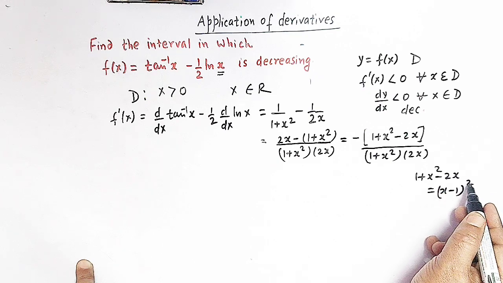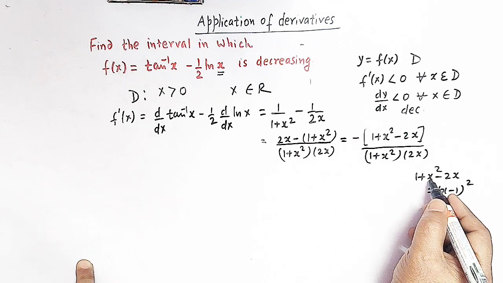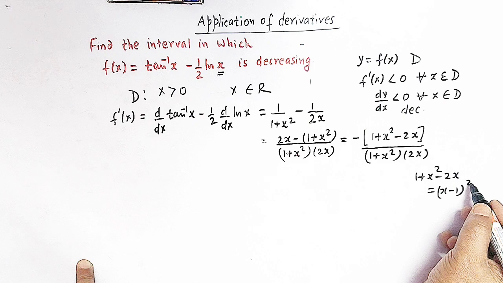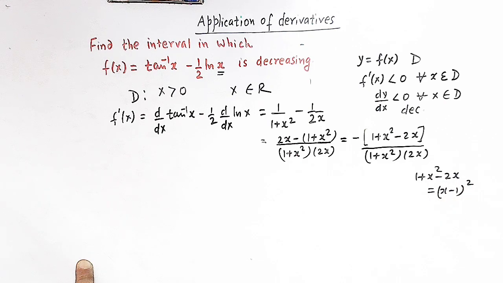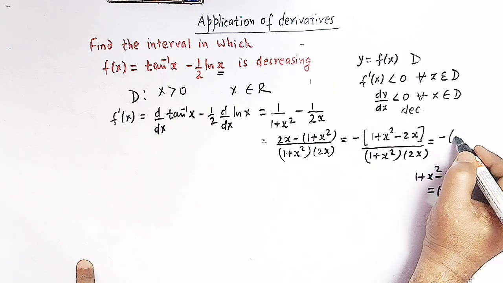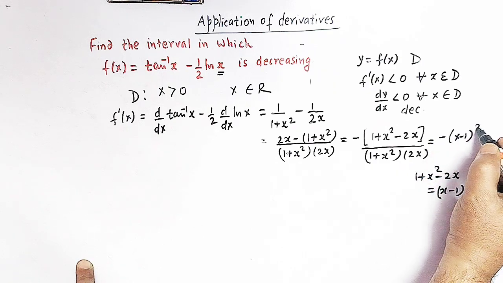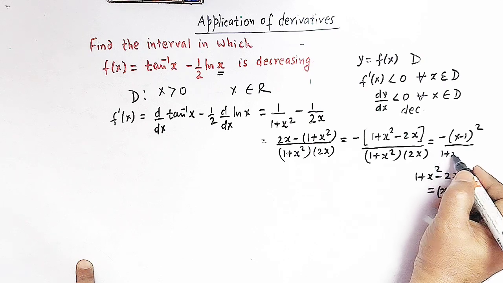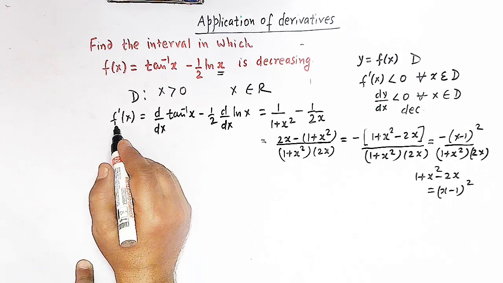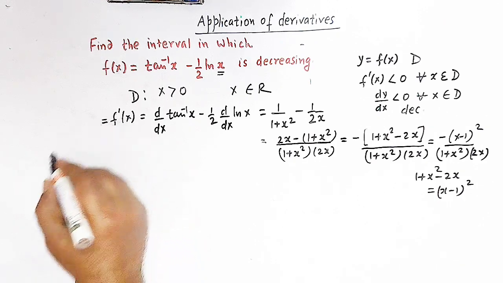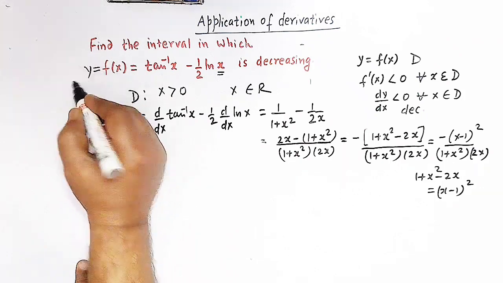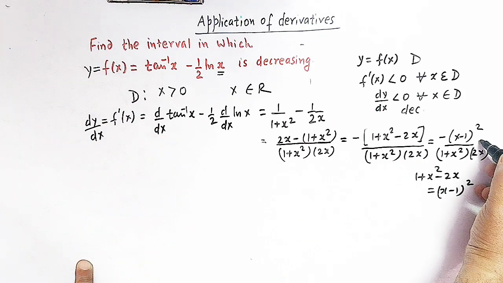Here a minus b whole square is a square minus 2ab plus b square, which is x square plus 1 minus 2x. So now we can write here minus, and here we have x minus 1 square, and we have 1 plus x square, and here we have 2x. So the expression for the derivative, that is dy over dx, or f prime of x, is given by this expression.